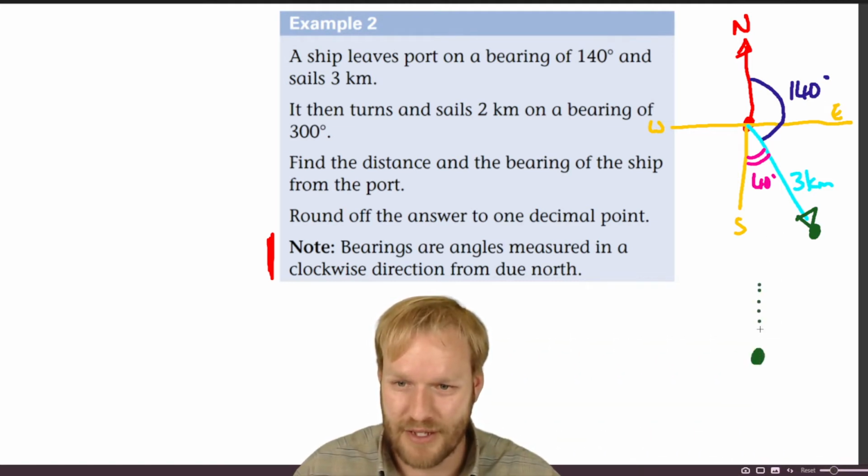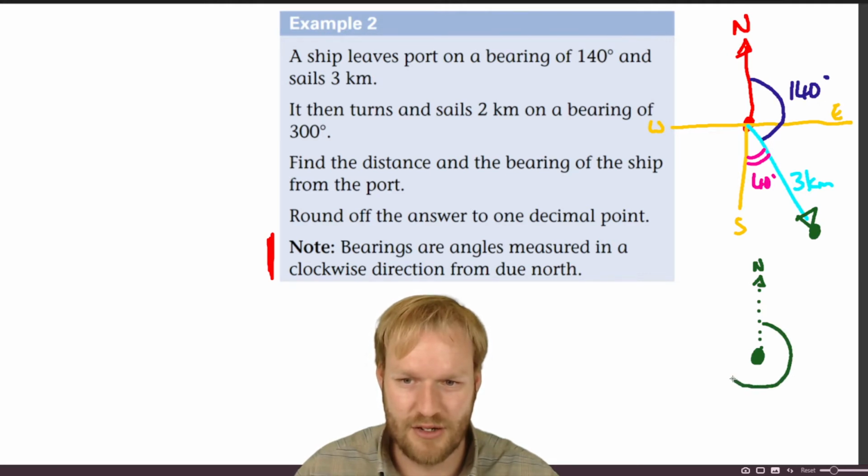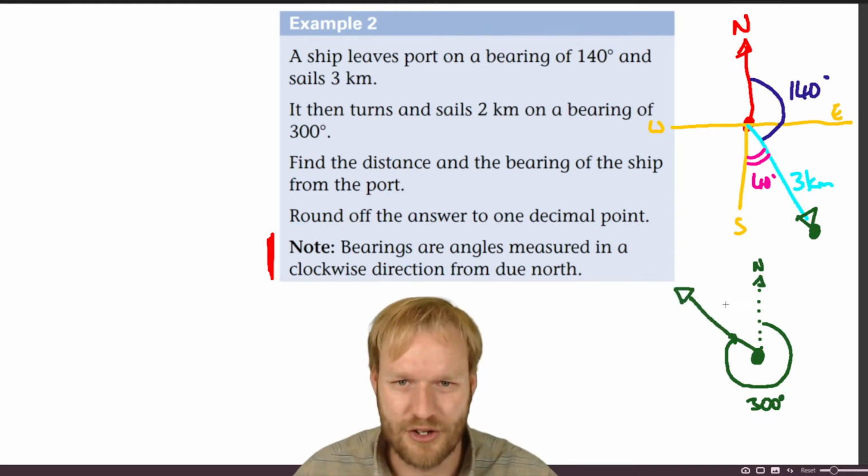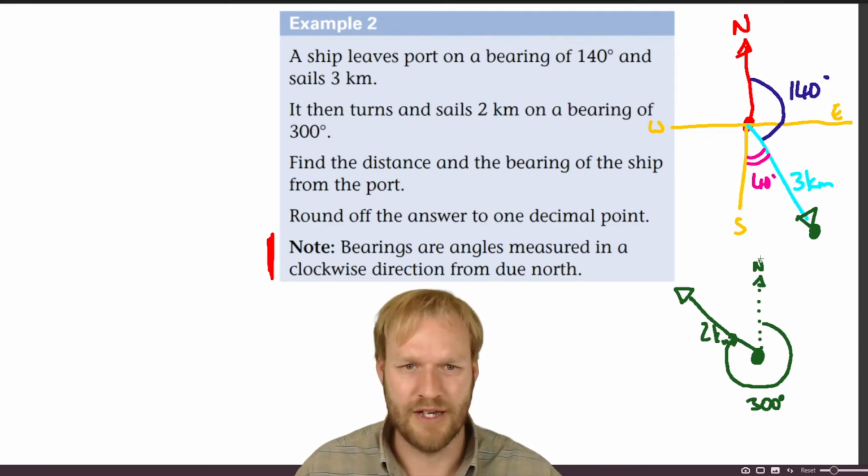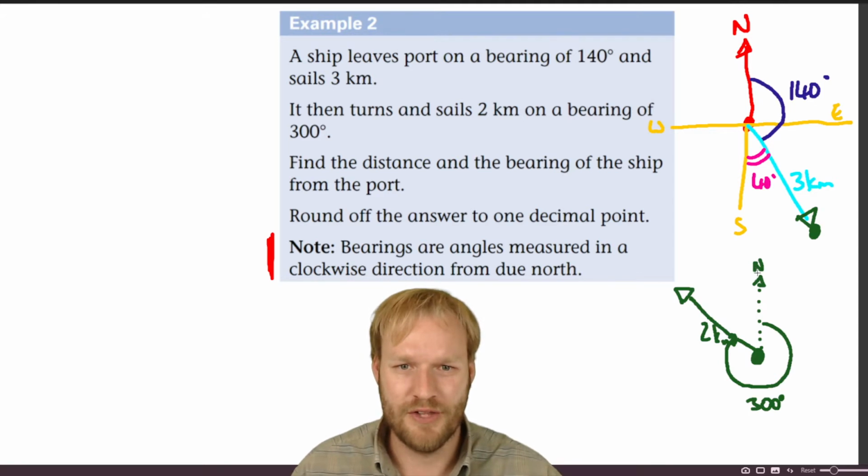Now, remember that just for reference, we've got north here, it goes 300 degrees. So now it's going to go 300, that would be 180, 270, 300 degrees. And it's now going to go in that direction, and it's going to go for 2 kilometers. Okay, so that's what it's going to do.